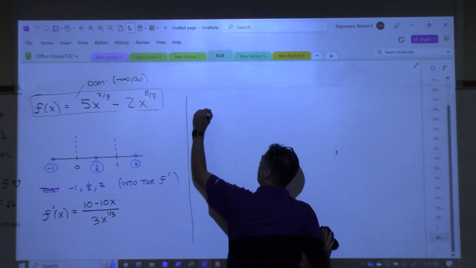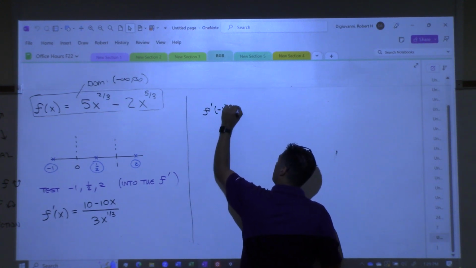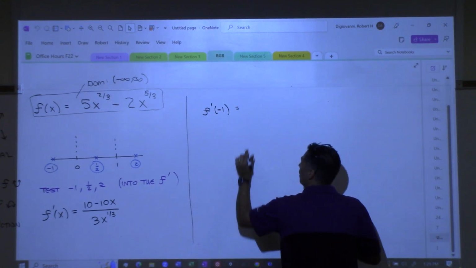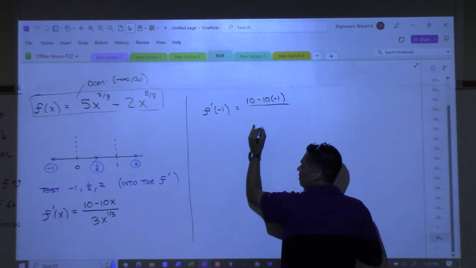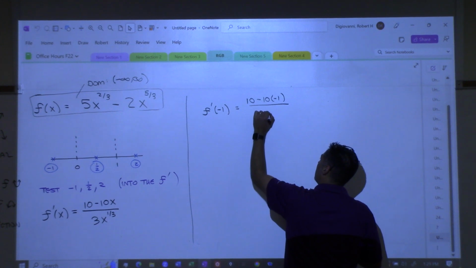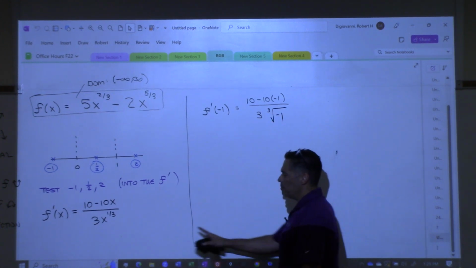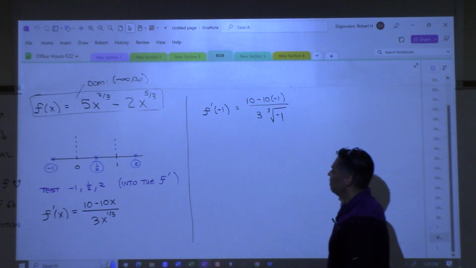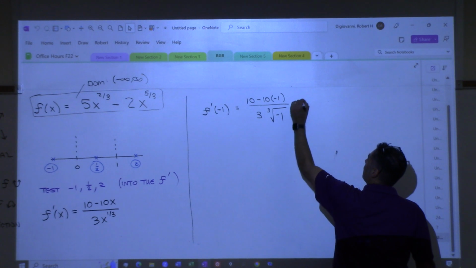So let's first start with -1. What's the derivative at -1? Up top, you get 10 minus 10 times -1, over 3 times, look at this, the bottom I'm going to look at as the cube root of -1, right? That's what that really means. The top is 20, isn't it?